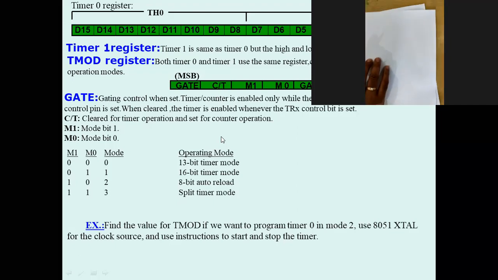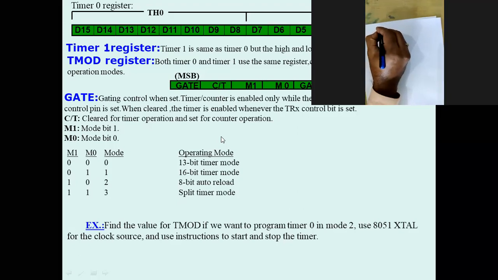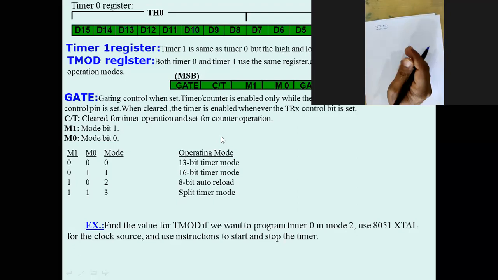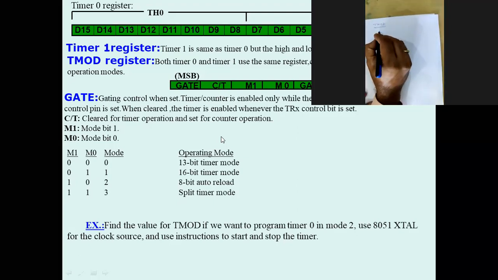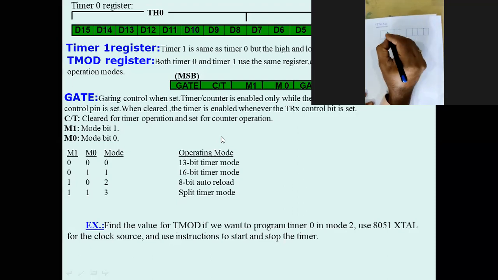We are writing it on paper. This TMOD register is an 8-bit register, and there are some bit patterns.